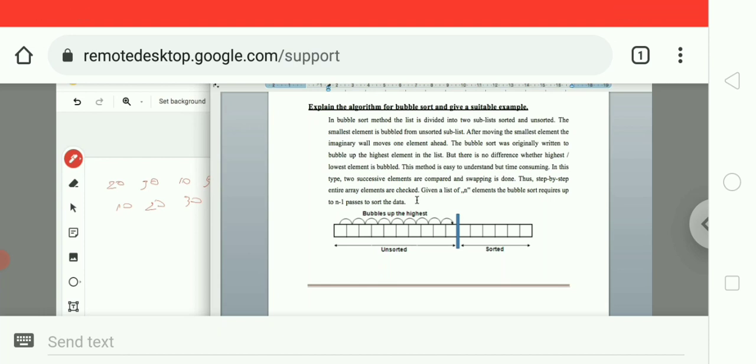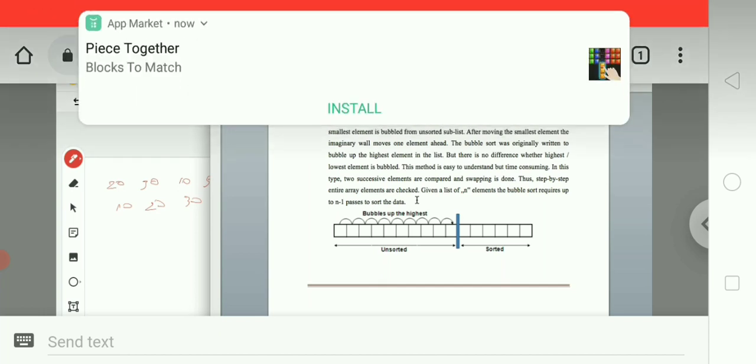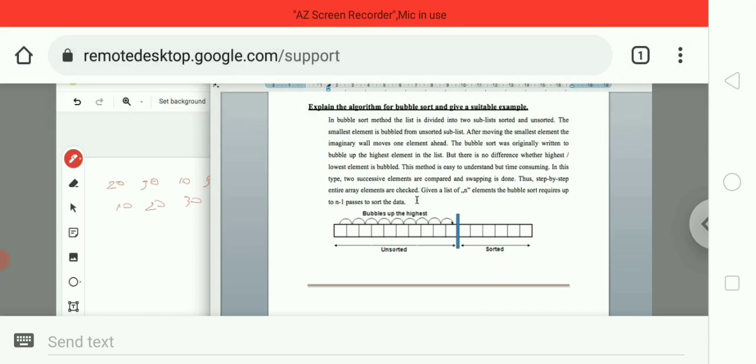In bubble sort we have to compare each and every element. If the condition is okay, no need to swap. If the condition is not satisfied, we have to swap the elements. Now let us take some elements and implement the bubble sort technique.